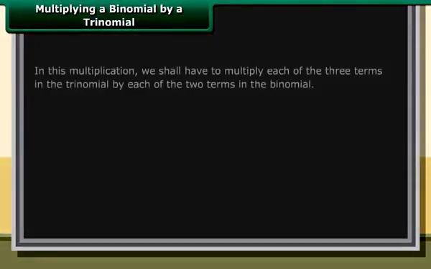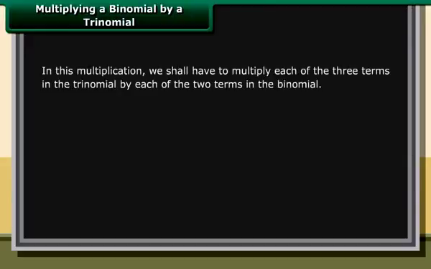Multiplying a binomial by a trinomial. In this multiplication, we shall have to multiply each of the 3 terms in the trinomial by each of the 2 terms in the binomial.